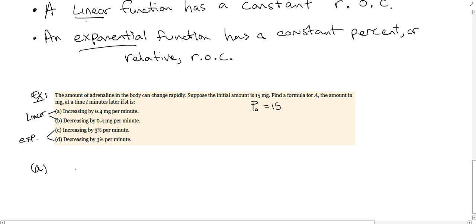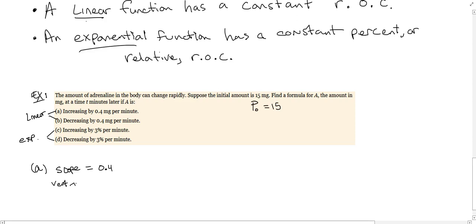So for A, we need a linear function, and the initial quantity is 15, and the rate of change is what's given in the statement, so that's the slope. So the slope, or rate of change, is 0.4 milligrams per minute, and then the initial value is like the vertical or y-intercept.